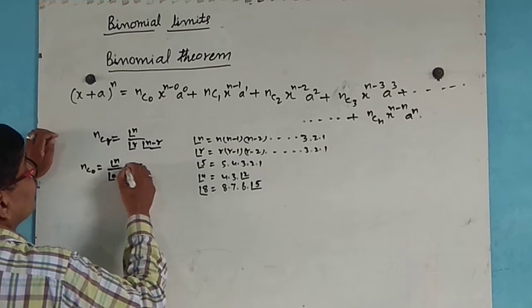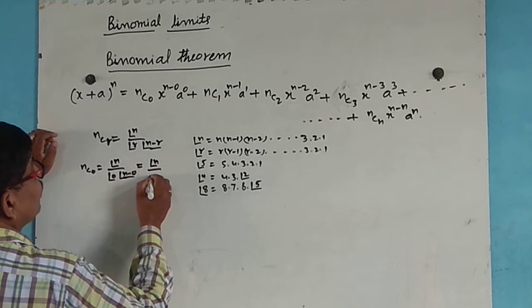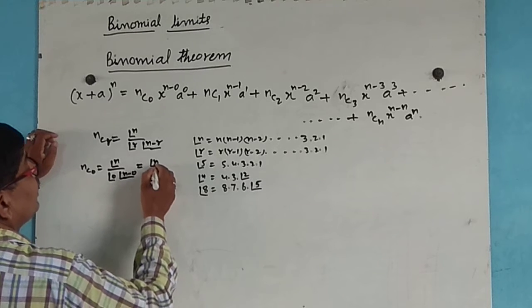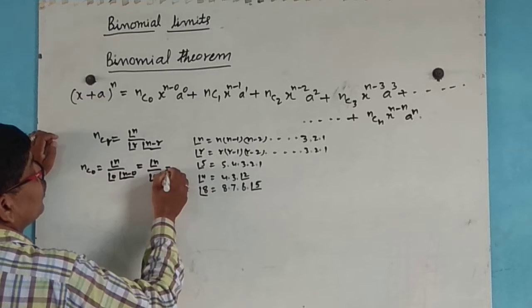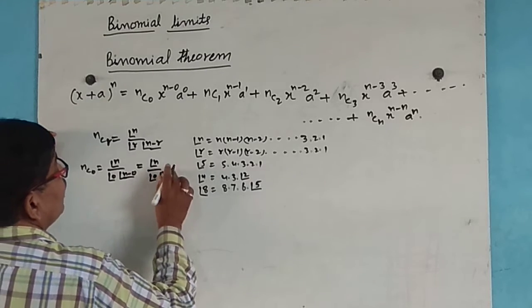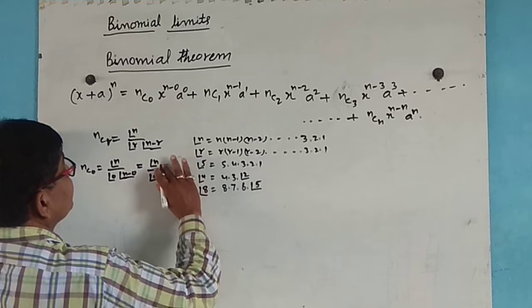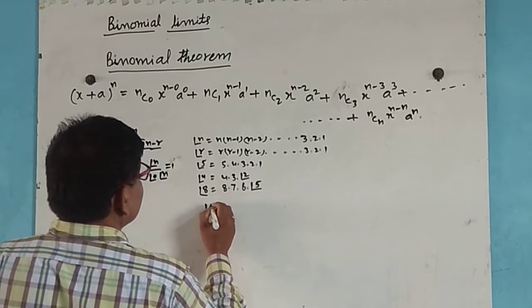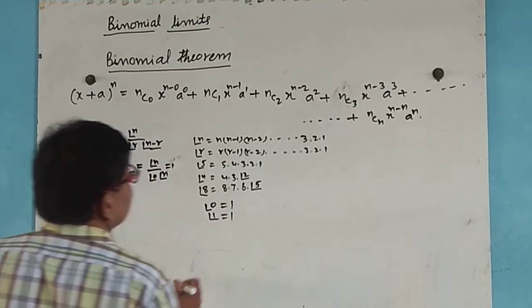Now this is equal to factorial n divided by factorial 0 factorial n, and n removes, and factorial 0 is equal to 1. As you know that factorial 0 equal to 1, factorial 1 is equal to 1.